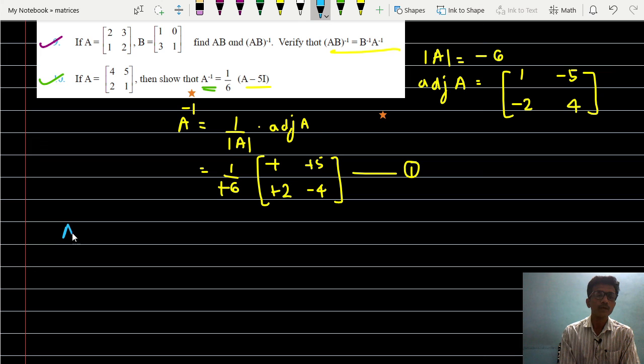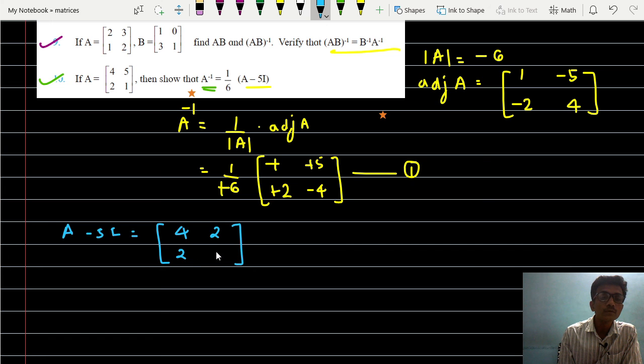फिर इसके बाद A minus 5I we will find here. A minus 5I is equal to what? Our matrix A as it is we will write, that is 4, 5, 2, 1, minus 5 times identity matrix 1, 0, 0, 1.